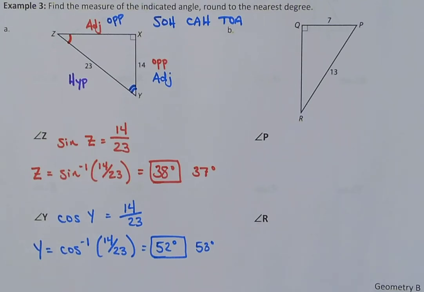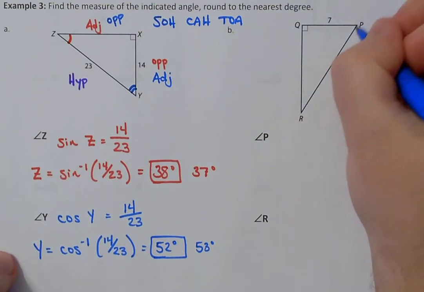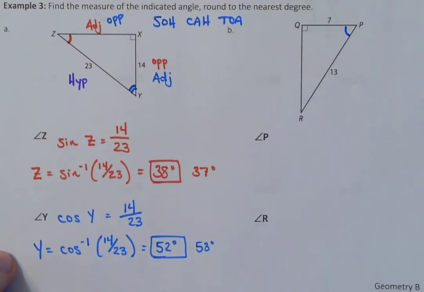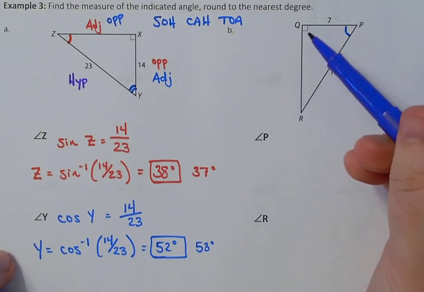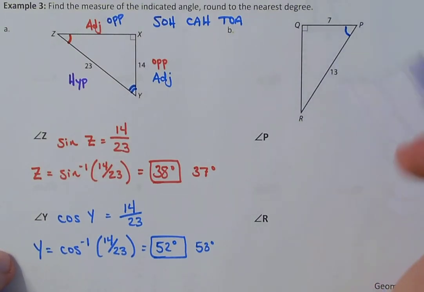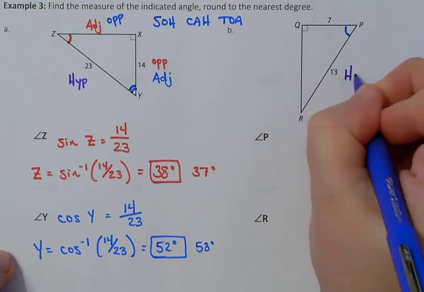All right, for part B, we need to go through and figure out the measure of the angles again. If we need to figure out the measure of angle P, P is going to be my reference angle. First of all, the side opposite of my right angle is 13, so that's my hypotenuse.